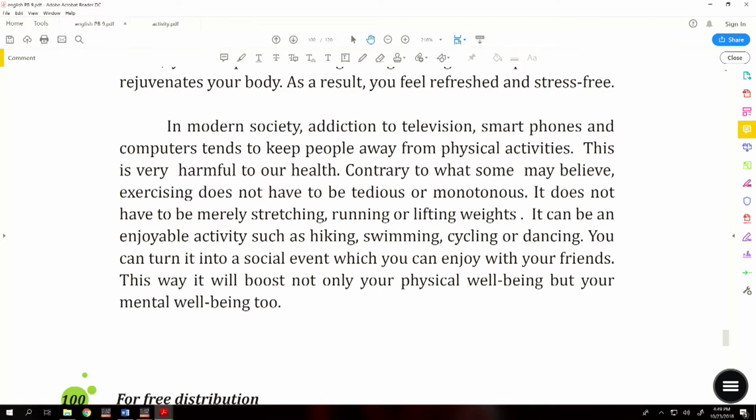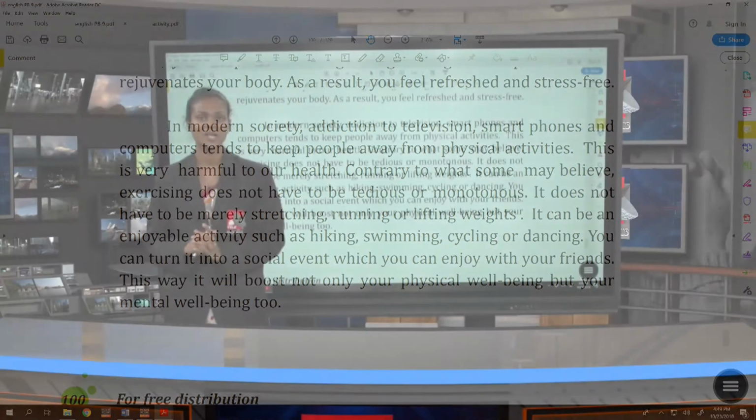What are the enjoyable activities? Such as hiking, swimming, cycling or dancing. You can turn it into a social event which you can enjoy with your friends.